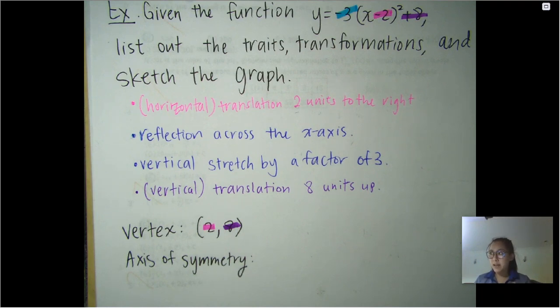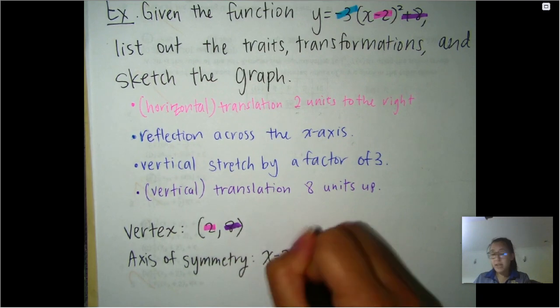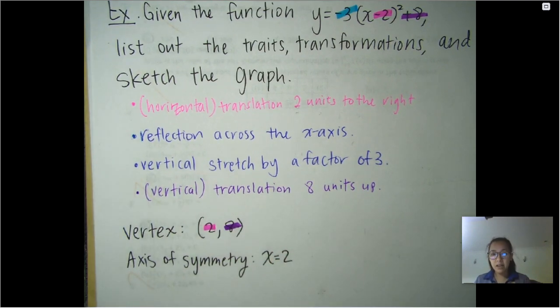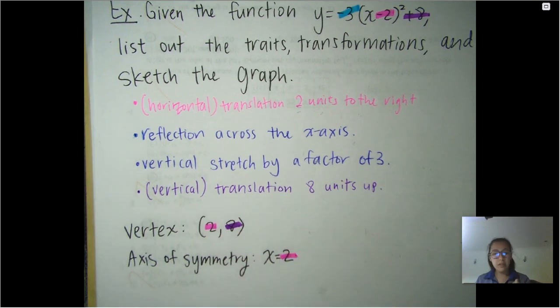And if it's a vertical line, that's going to be an x equals type of equation. And so an x equals type of equation through the point 2, 8 would mean that it would be x equals 2. So the axis of symmetry equation is going to be x equals 2. Again, the axis of symmetry is a line. You need to write that as an equation of a line. And so x equals 2, that's the x value of the vertex.